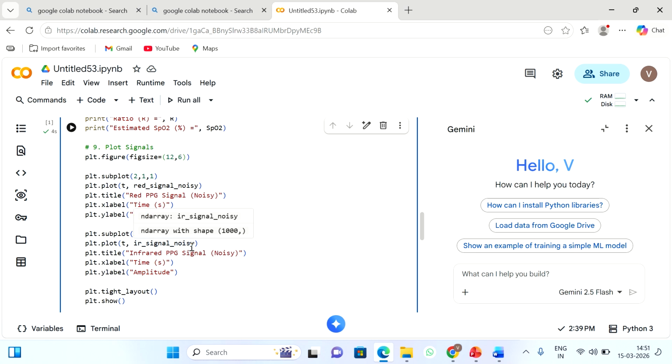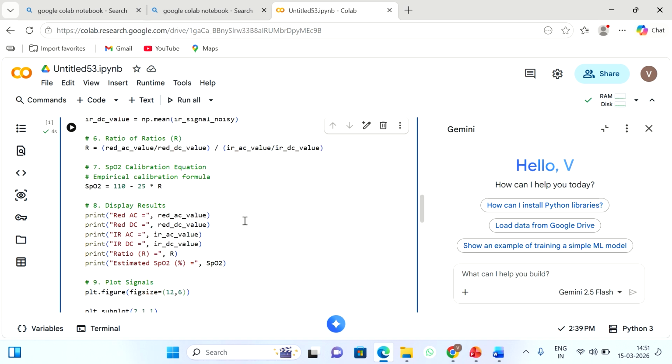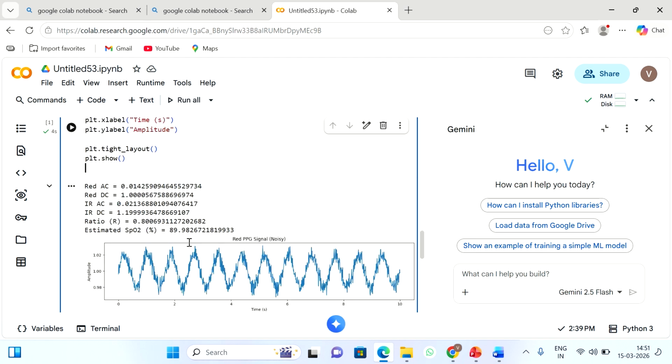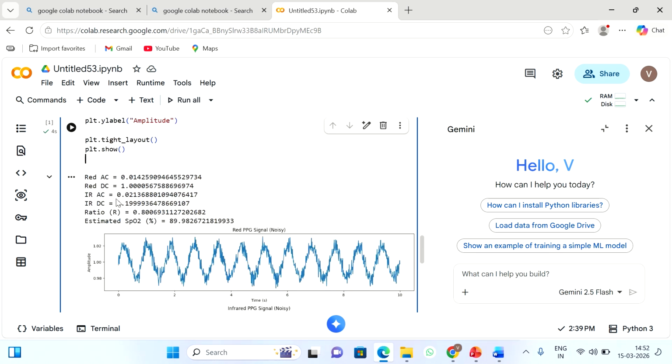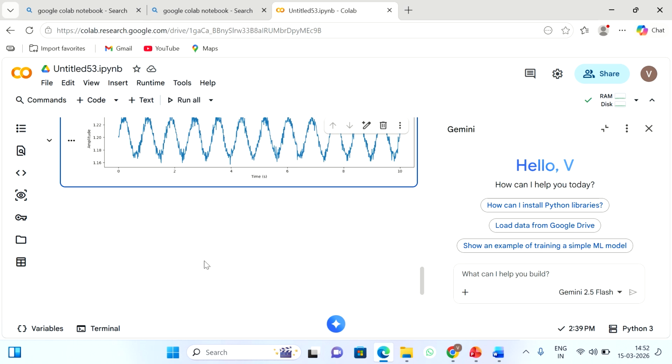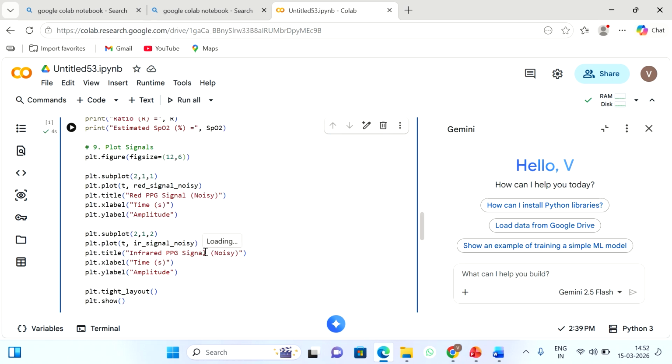So these are all the effects from the pulse oximeter. What we have here is the measured AC and DC value for both red and infrared. We are taking the outputs, the red signal with noise and the infrared with noise.